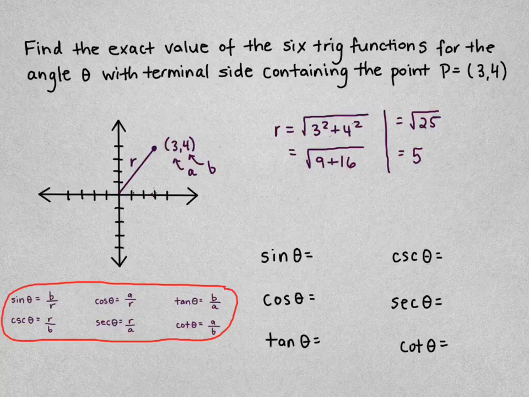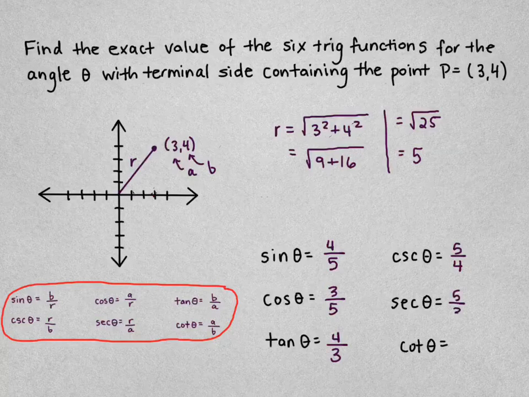So the sine of theta is going to be B over R, so that's 4 over 5. Cosine of theta is going to be A over R, so that's 3 over 5. And tangent is going to be B over A, so 4 over 3. And then I can flip all of these to get the reciprocal identities. So cosecant is 5 over 4, secant is 5 over 3, and cotangent is 3 over 4.